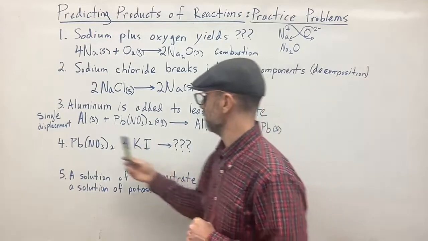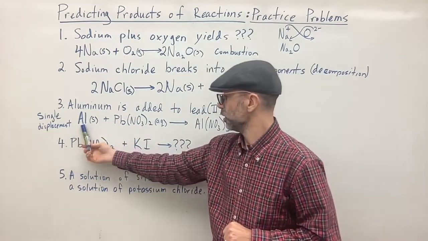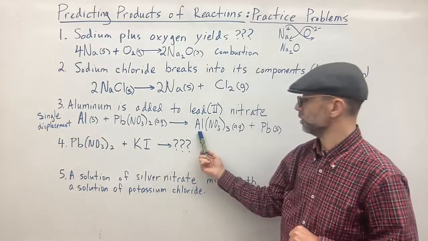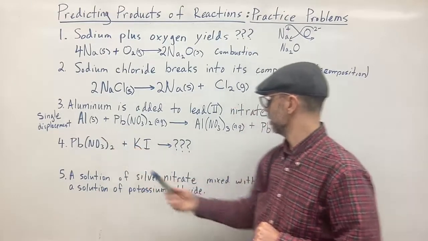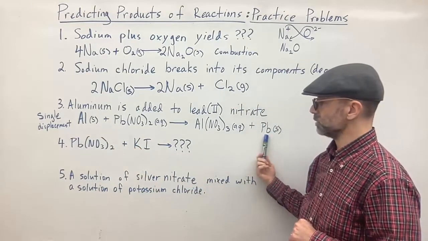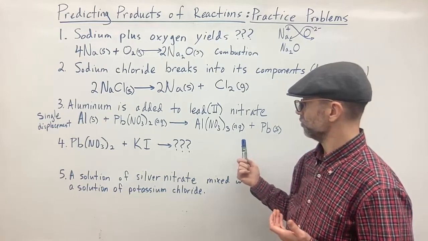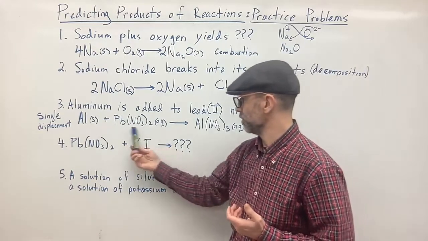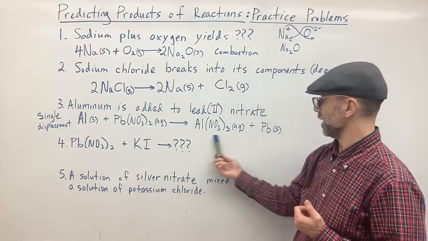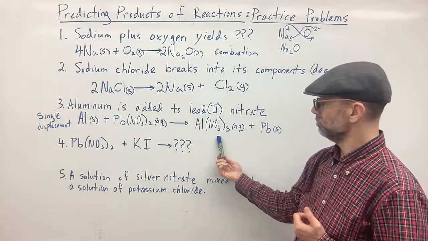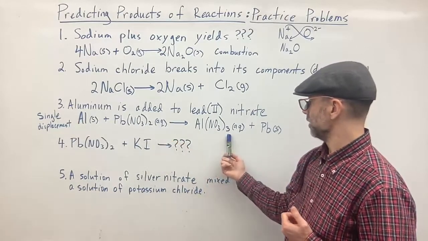So let's double check. We'll start with the metals. I have one aluminum, so that's balanced. I have one lead here, and one lead there, so that's balanced. And so we look at the nitrates. You'll notice that I have 2 nitrates here, but I have 3 nitrates there.